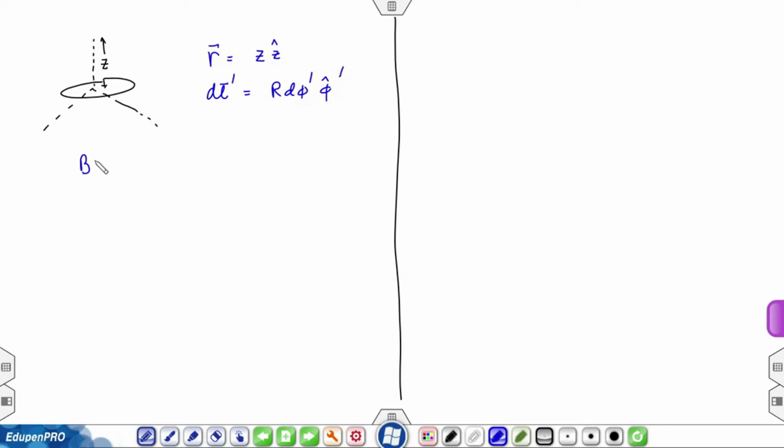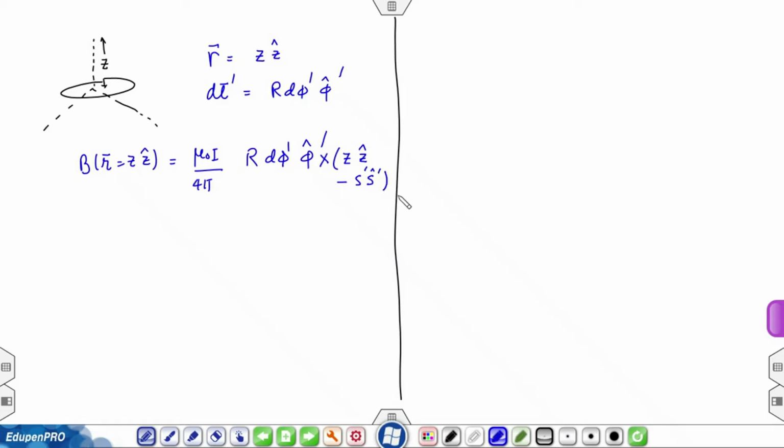So, I have B at r equals z z equals mu naught I over 4 pi dl prime, which is r d phi prime unit vector, cross r minus r prime. So, that is going to be z minus s prime unit vector.